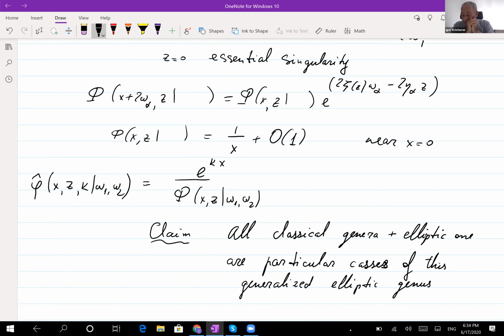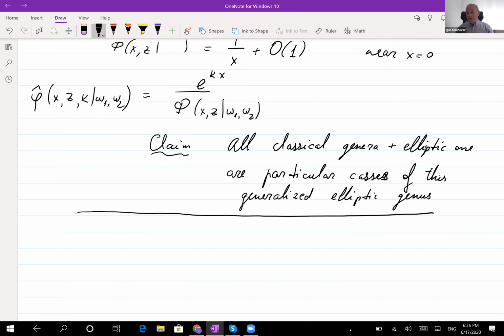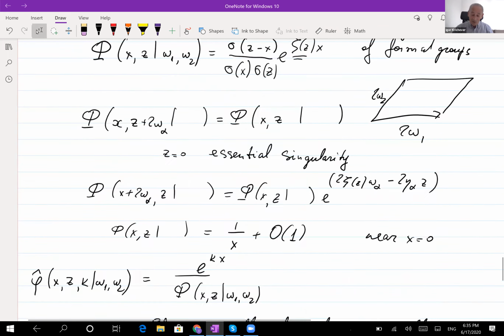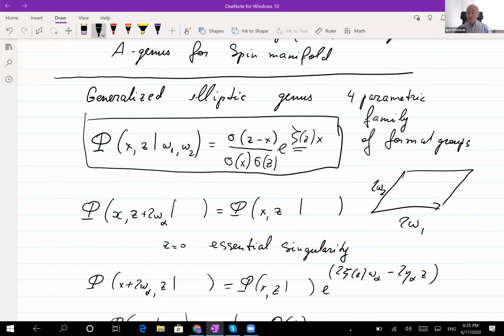Actually, I call it generalized elliptic genus, although it was known, at least for me, and some others, long before the elliptic genus was introduced, from different perspectives. So this is a remarkable function that is, let me just draw it in a box.